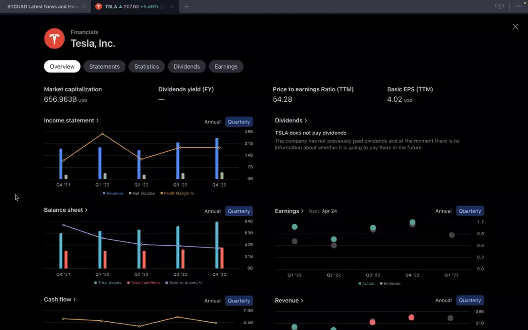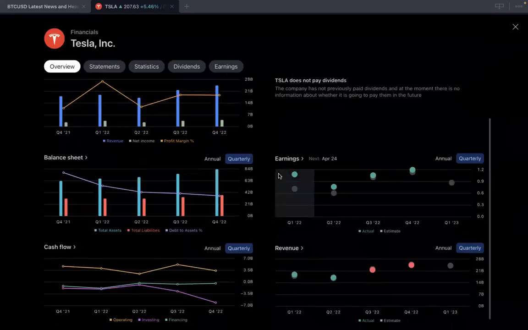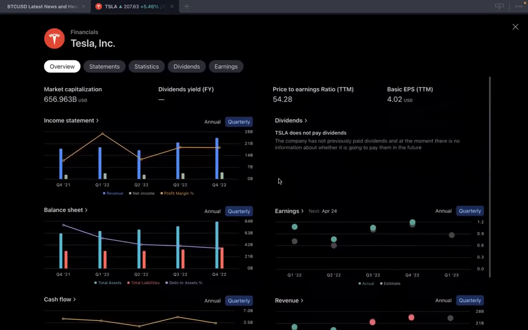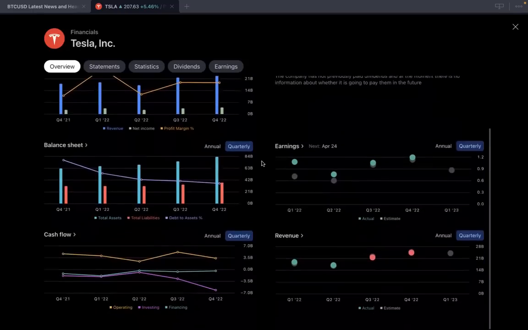I love this. All the financials right here. Here's an overview of everything. Oh, Tesla doesn't pay dividends. But that's all right. This is why we trade Tesla, you see?